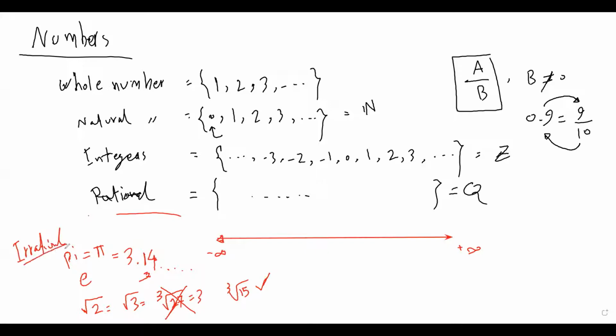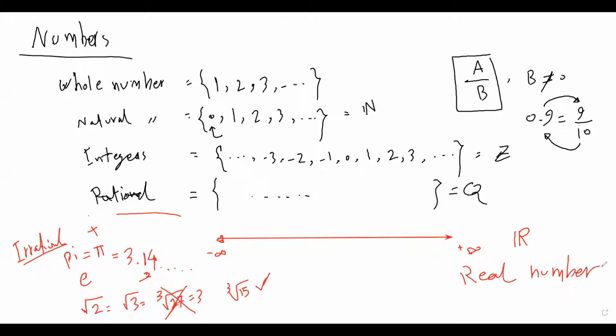And if you add these numbers together with rational numbers, then we have the biggest family that we're going to deal with throughout the book, which we call real numbers, and the notation is the letter R.